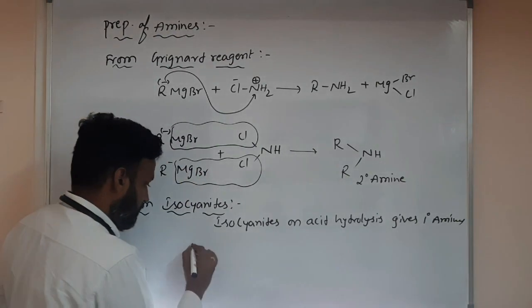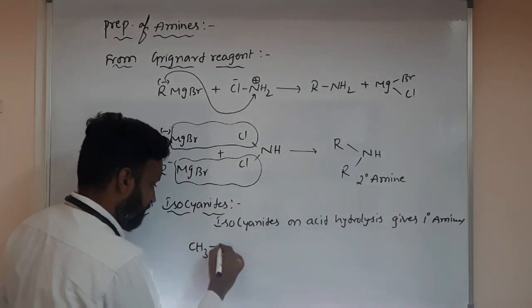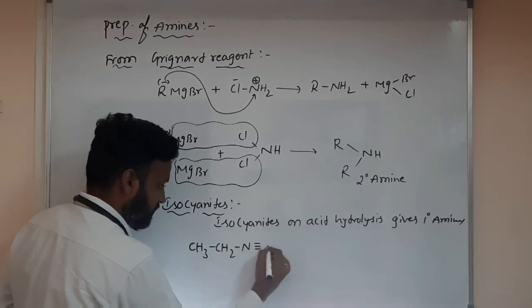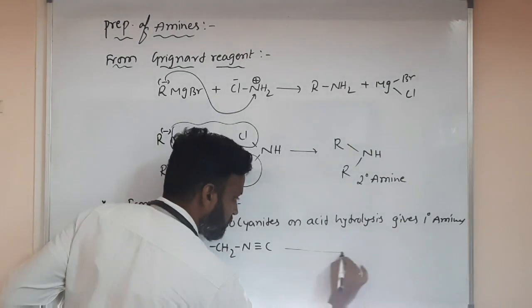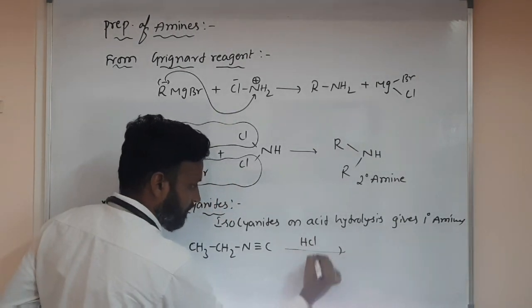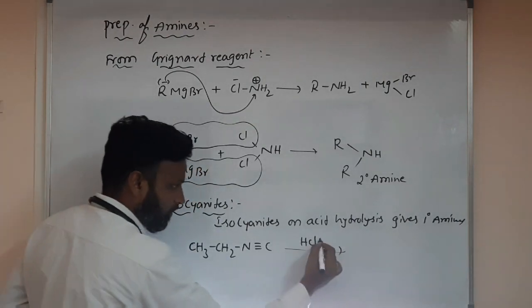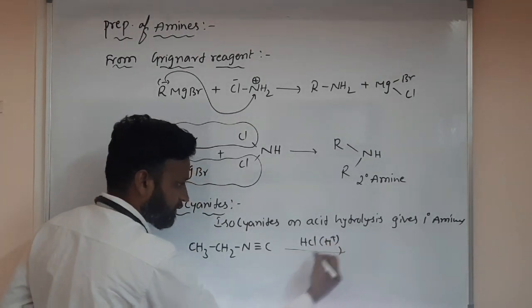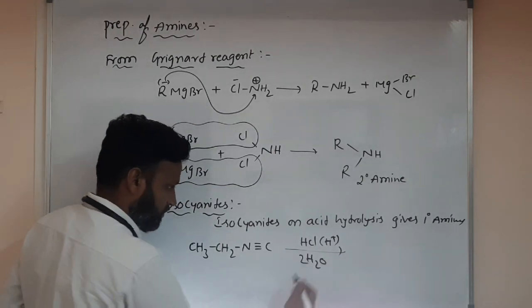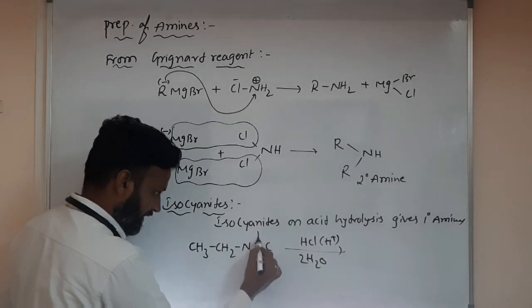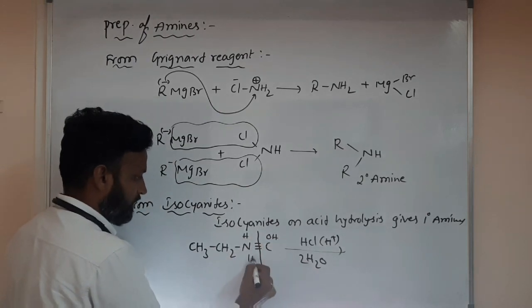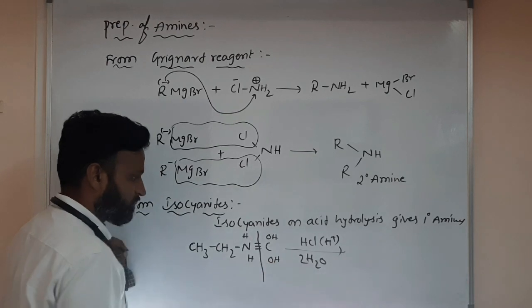Now I am taking CH3CH2-N triple bond C. Acid hydrolysis means we add water in the presence of HCl, and the acid provides H plus. So we take 2 moles of water, and this breaks completely, with H and OH here and H and OH here.